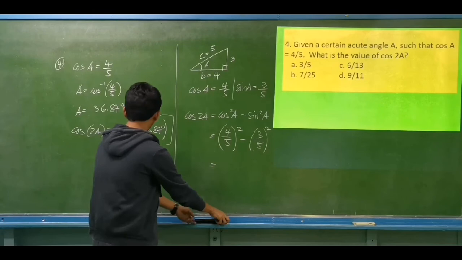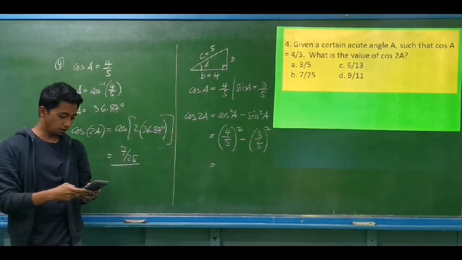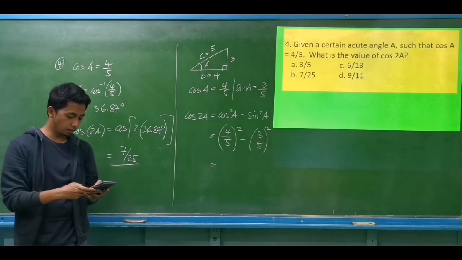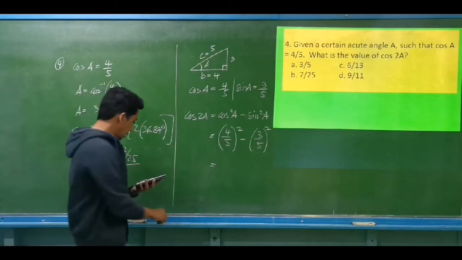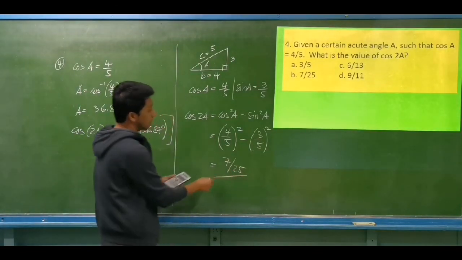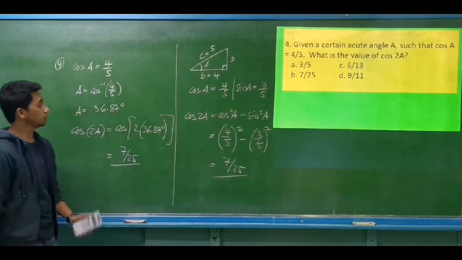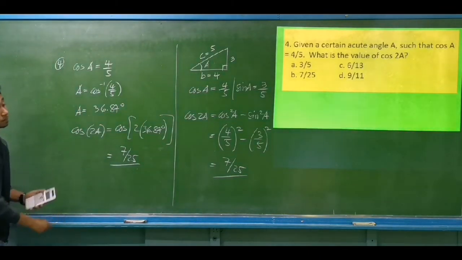So, we have to compute. Dapat pareho lang dito. So, that is the same as 4 over 5 squared minus 3 over 5 squared. So, ang lalabas, pareho lang, this is 7 over 25. Na-apply ko lang naman yung identity. But we can use this as mas simple siya na solution.